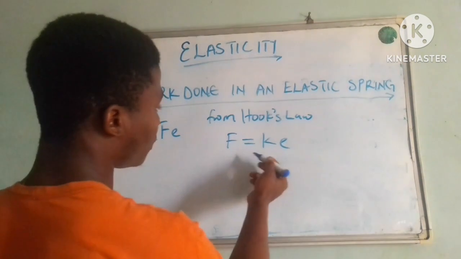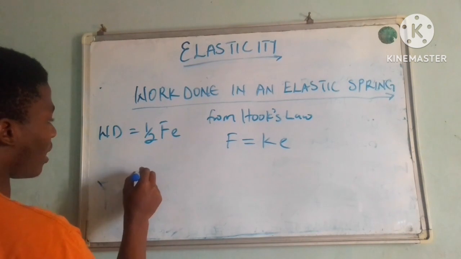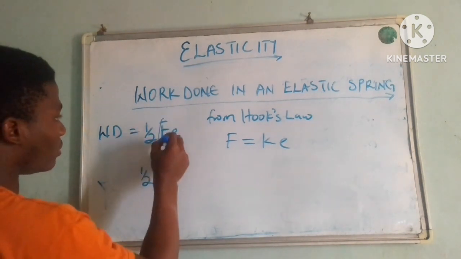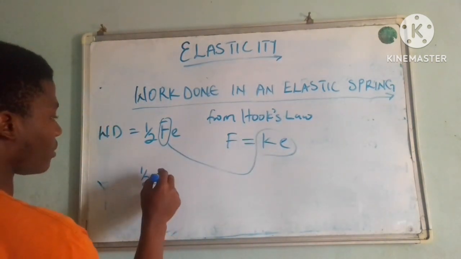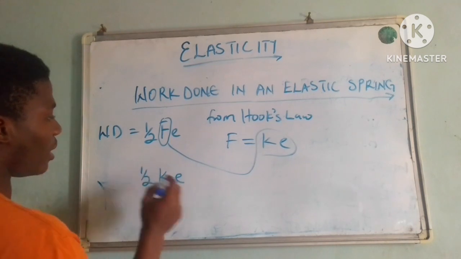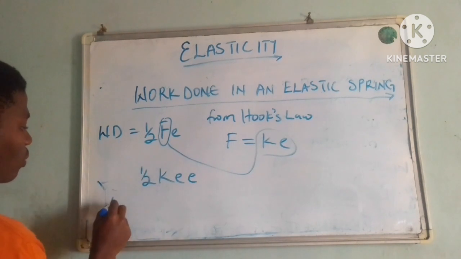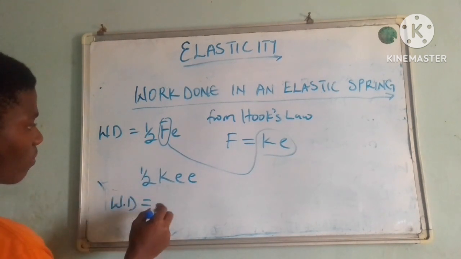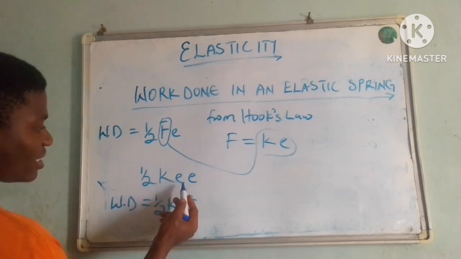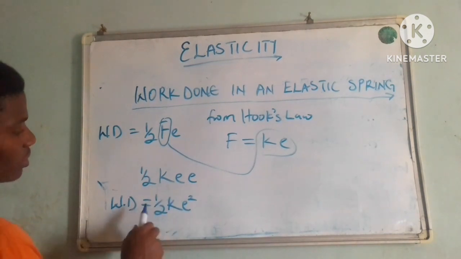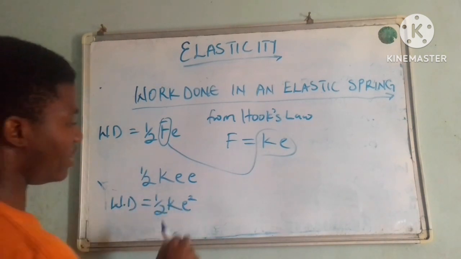So if force is equal to Ke, bringing it down to this place, we are going to have Ke, and remember we have another E that is here. So bringing the E here, we are going to have work done equal to half Ke squared. That is, this E times this E is going to give us E squared. So this is work done equal to half Ke squared.